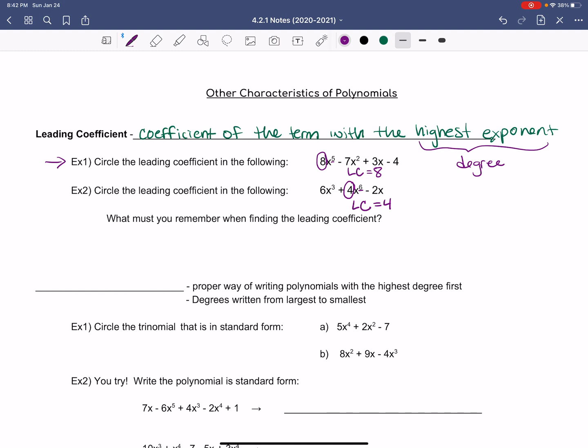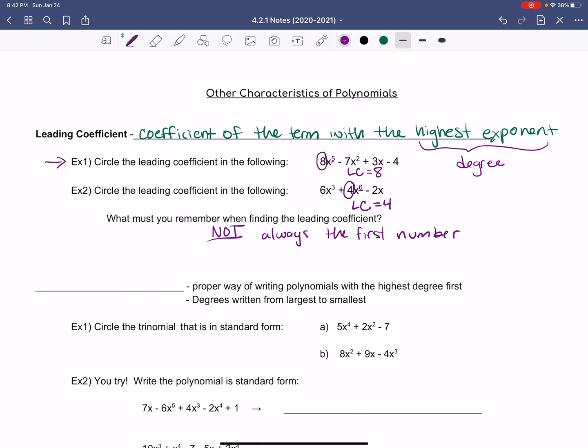This is a common mistake that I see a lot of students make, is that they just write down the first number as the leading coefficient. We want to remember that it's not always the first number. As you can see in example 2, there we're actually looking at the second term.